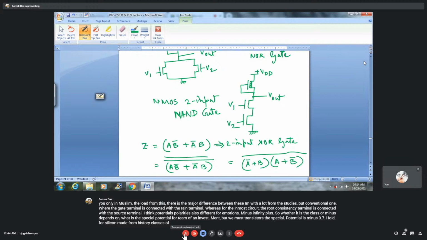So, as the threshold potential is positive for NMOS transistor, you use the positive biasing potential. As the threshold potential is negative for PMOS transistor, you use the negative biasing potential. Rest of the circuit design patterns are quite similar. So, for any Boolean expression, if you are able to design a PMOS circuit, similarly, you may be able to design an NMOS circuit also.